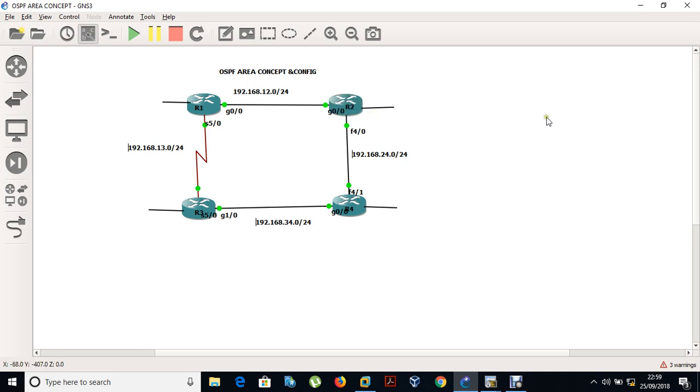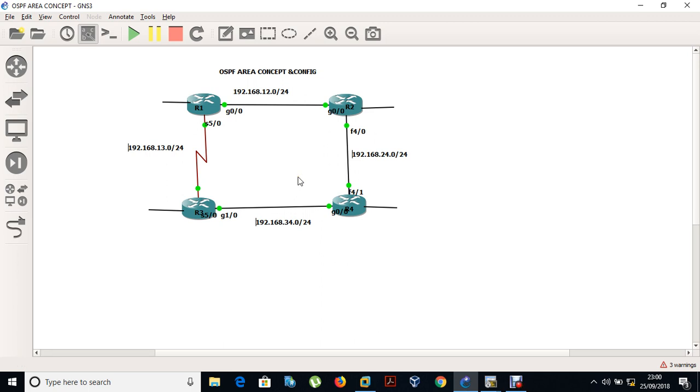But the routers in this other area will not know the routers in area 0. So the ABR will tell them by sending a summary LSA, called LSA type 3. It will say, if you want to reach 192.168.34.0/24, please come to me and I will get it to you.